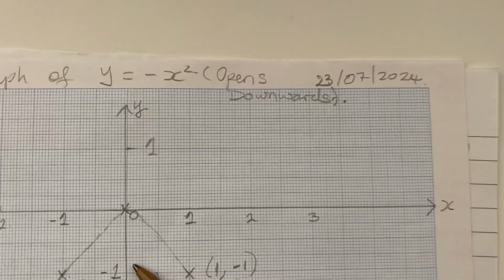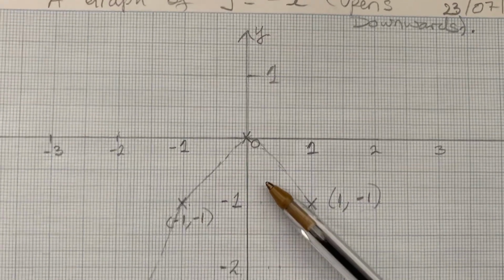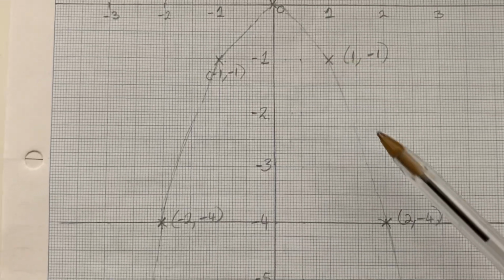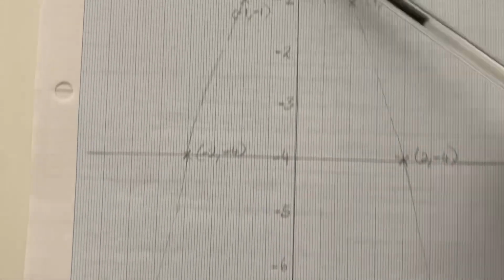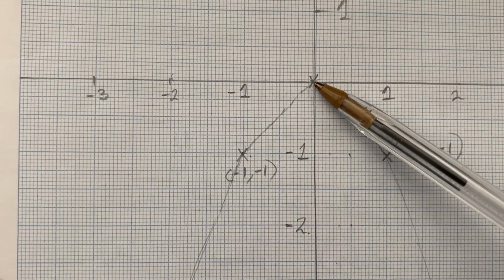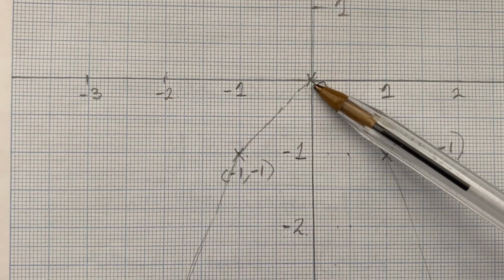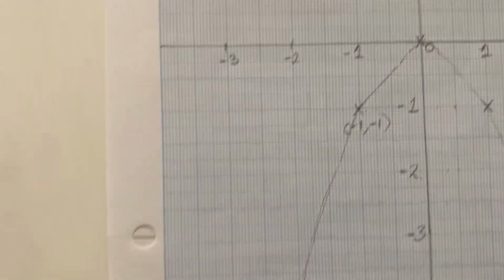And then I've put a date for my reference. I have a title. So again, this is how my curve looks. My parabola is downward, and that will be my turning point here. That will be my highest point, which is my turning point.